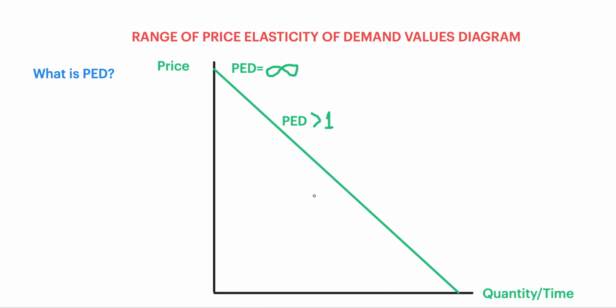Now, at approximately the center, where the price is equal to the quantity, approximately here, our PED is equal to 1, and we call this unit elastic. And here, this would have been relatively elastic.